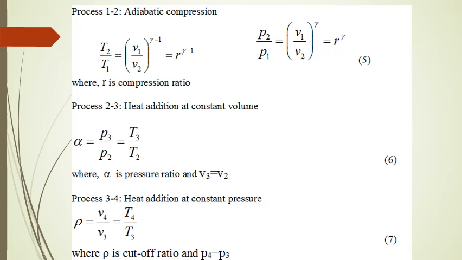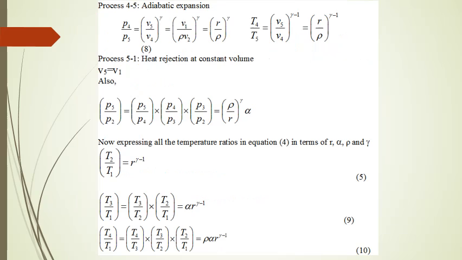We define here the term alpha, pressure ratio, as we did in the case of Otto cycle. So that is equal to P3 upon P2 and that is also equal to T3 upon T2. Process 3 to 4, heat addition is taking place at constant pressure. Here we define the term cutoff ratio as we did in the case of diesel cycle. So that cutoff ratio is equal to V4 upon V3 and that is equal to T4 upon T3.